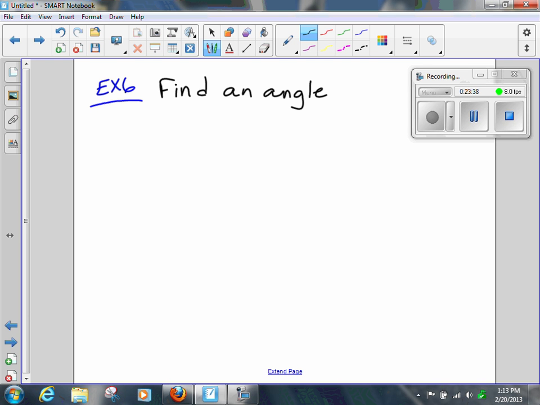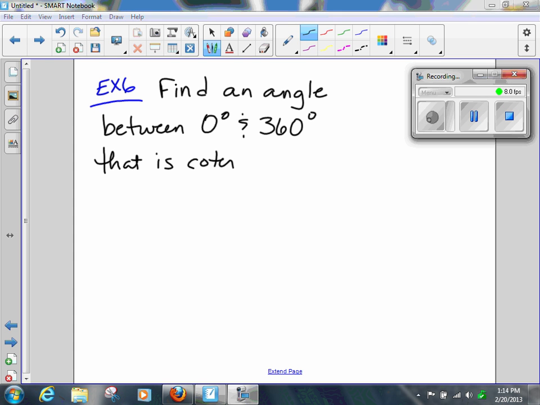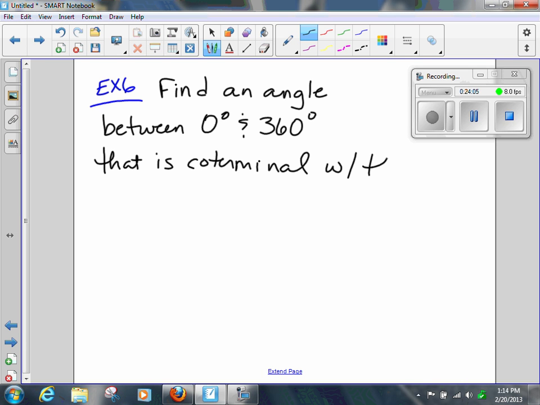Find an angle between 0 degrees and 360 degrees that is coterminal with the angle measure of 1465.